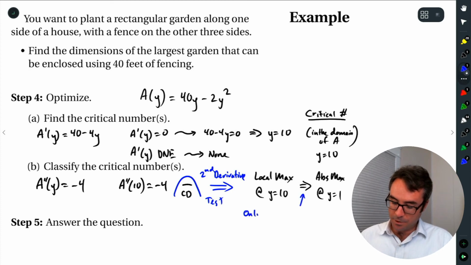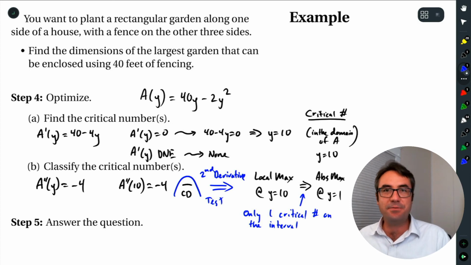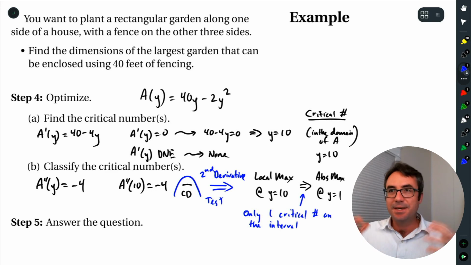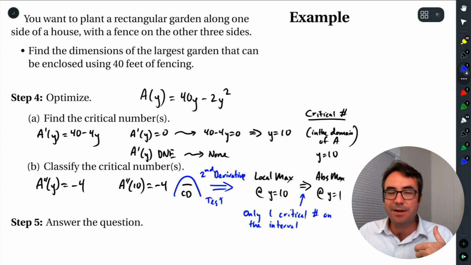So only one critical number on the interval. Now what is our interval here? Well, technically speaking, this function is defined for all y. But realistically here, because we're building something physical that's going to exist in the real world, and we're talking about lengths and widths, we're not going to be dealing with negative lengths and negative widths, or even zero length or zero width.